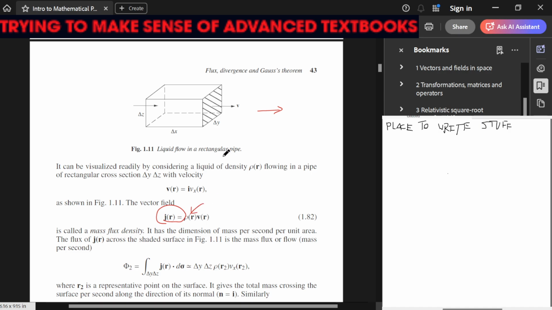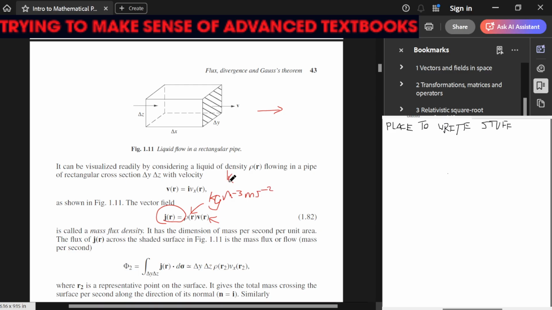Density is mass over volume, so kg m minus 3. This is just speed, right? Velocity, m s minus 1.